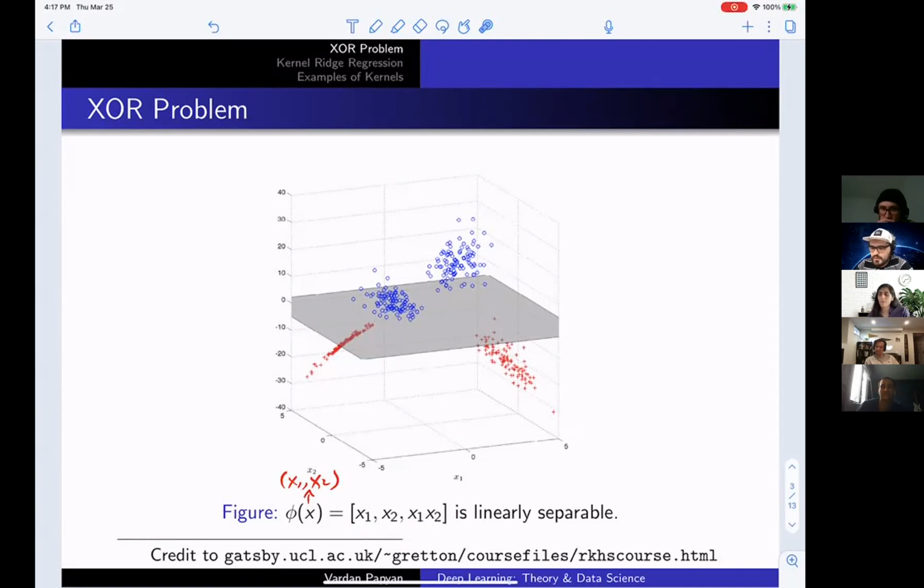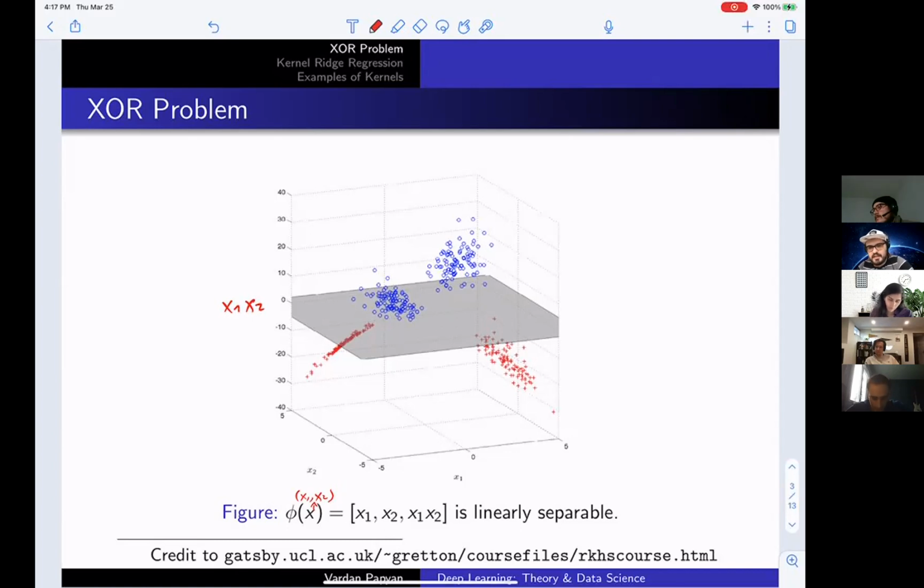Because if you use this representation of the data, you can call this a feature vector, then suddenly the data becomes linearly separable. So notice that here we have x1, here we have x2, and here we have x1 times x2, and now the data is linearly separable.